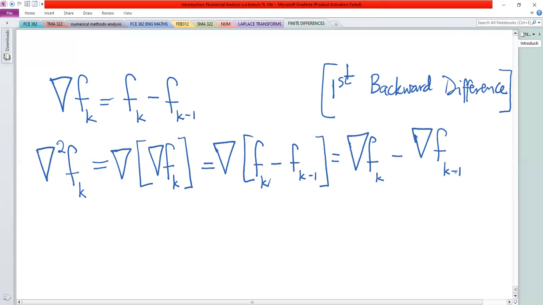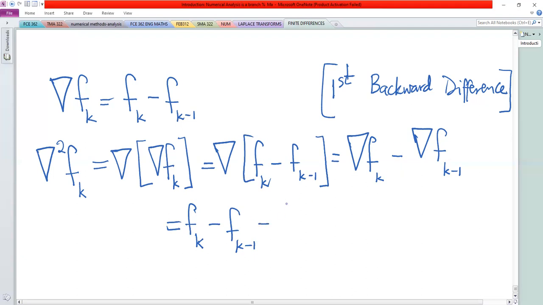Now, by definition, remember backward of fk means the value of the function at xk minus the value of the function at the previous step, xk minus 1. So this by definition will be fk minus fk minus 1. I'm defining this first part, minus.